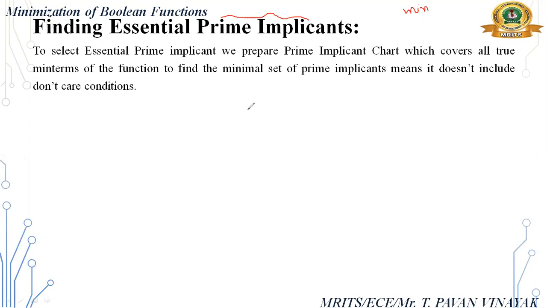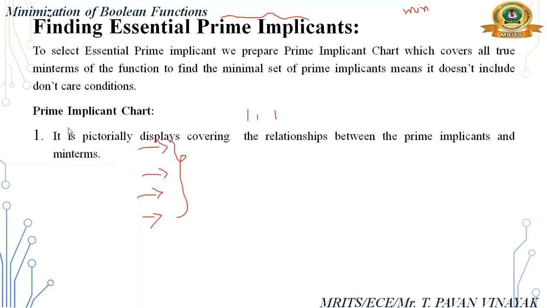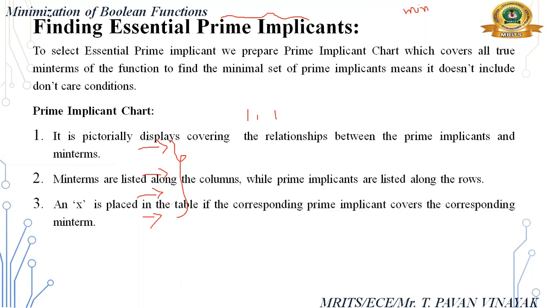Column wise mention minterms, row wise mention prime implicants, and put a cross mark where the prime implicant covers that minterm. That chart is called the prime implicant chart. Place an X mark if the prime implicant belongs to that minterm, otherwise leave it and don't put anything.